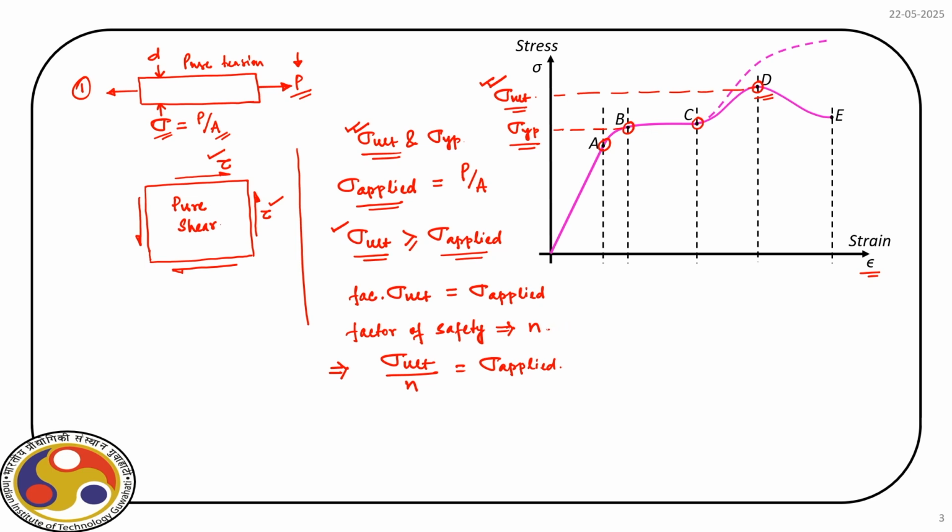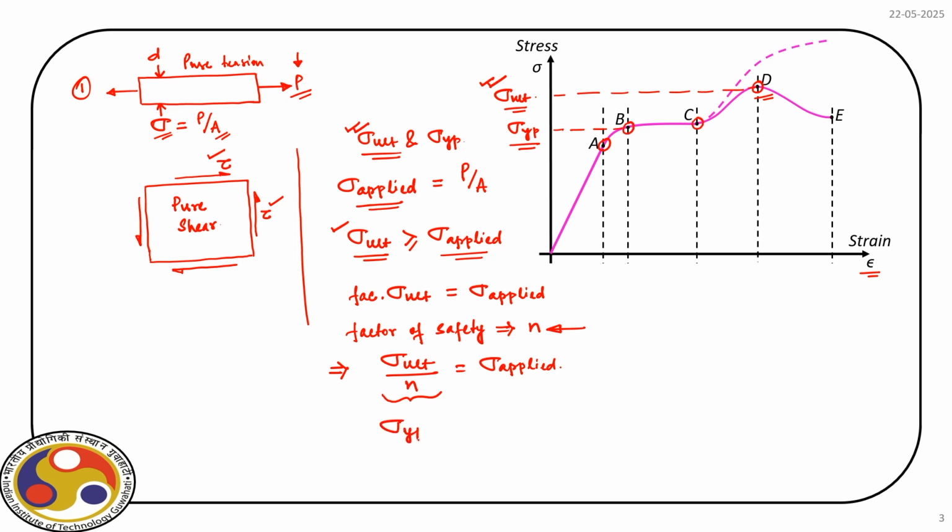So, the designer pre-selects how much factor of safety we are going to apply, and then based on that we reduce the load carrying capacity of the material, and accordingly we design. In fact, as a designer you have the liberty, we sometimes take sigma yield point.